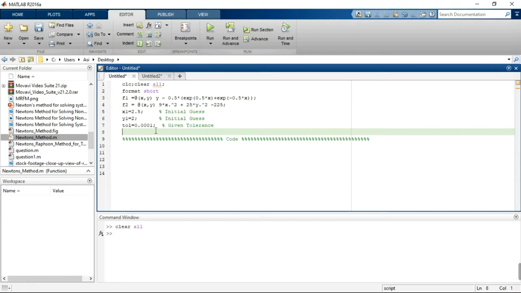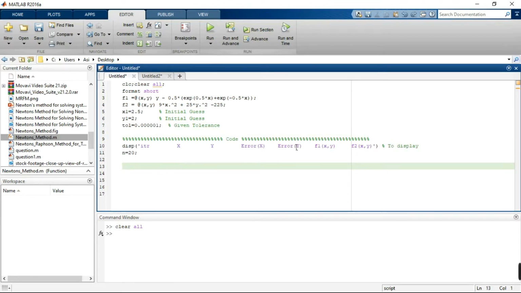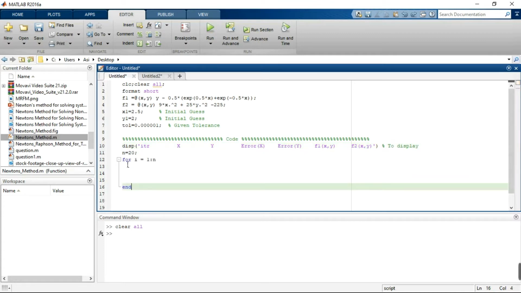We write a command to display results: iterations, x and y roots, error in x and error in y, value of f1 at x1 and y1, and value of f2 at x1 and y1 on each iteration. And n is equal to 20, the number of iterations, and we use a for loop, i equal to 1 to n, with n equal to 20 for repeated iteration.